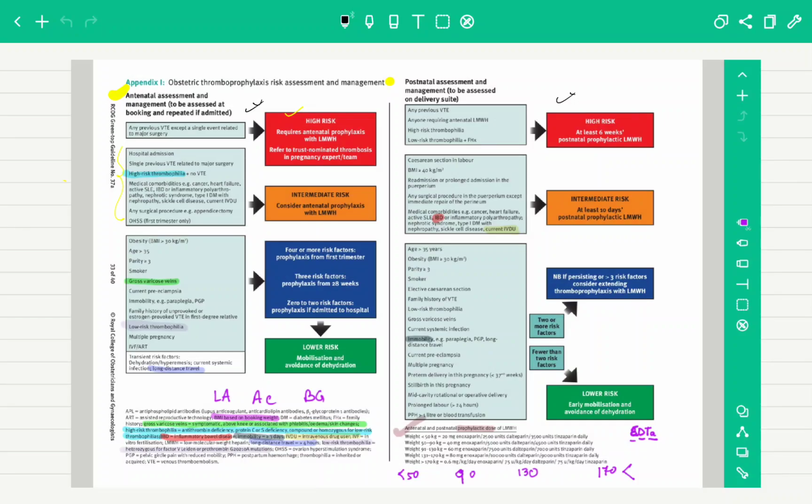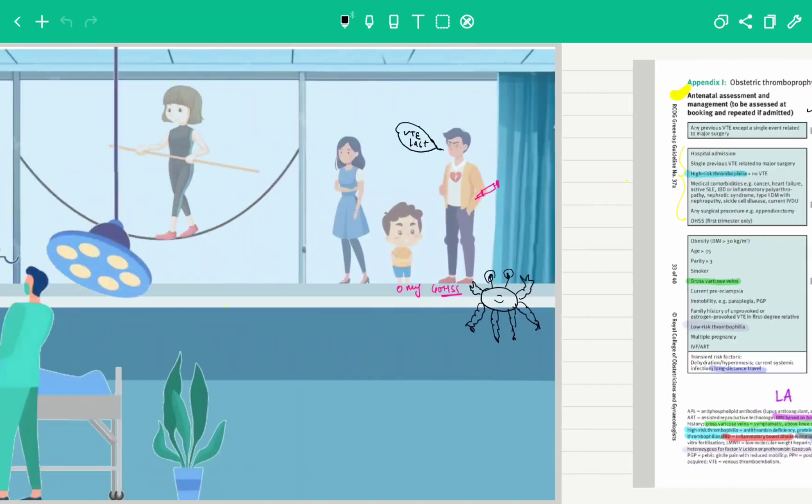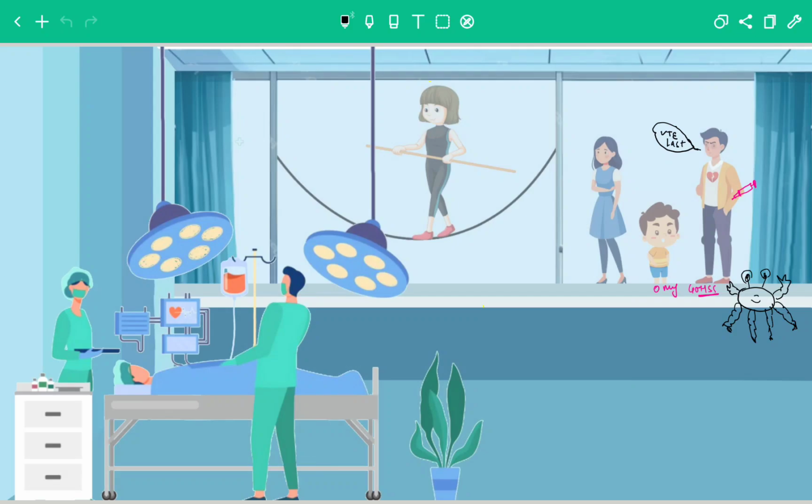Now to remember the intermediate category, there is a very beautiful mnemonic that we have here. This is a hospital, and the name of the hospital is VTE hospital. As you can see, this lady has entered the hospital. So hospital admission during pregnancy, once you are in this hospital, is an intermediate risk factor.